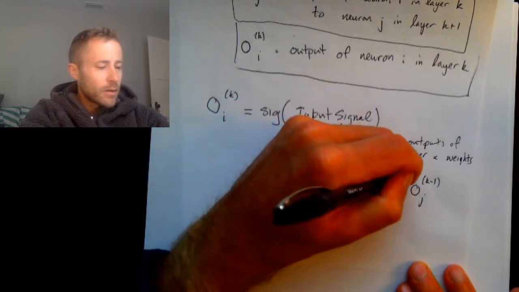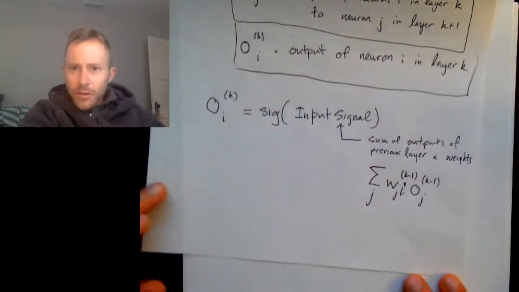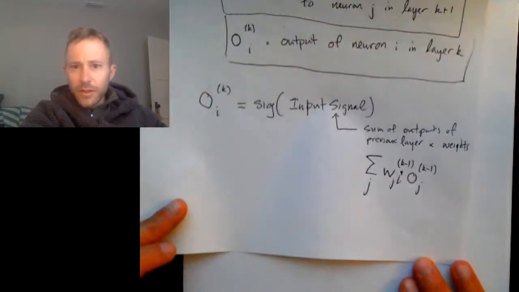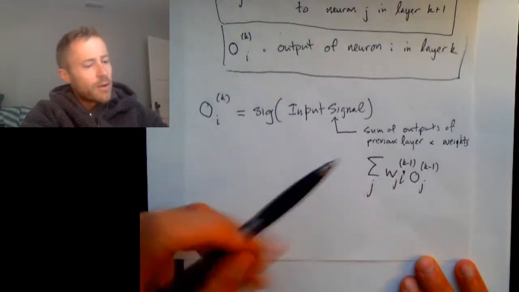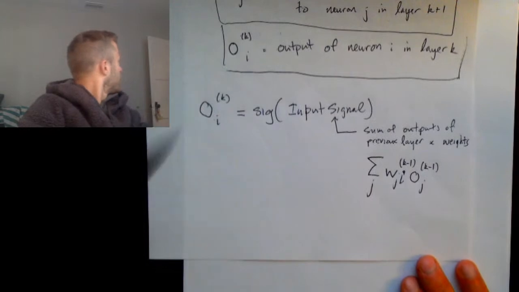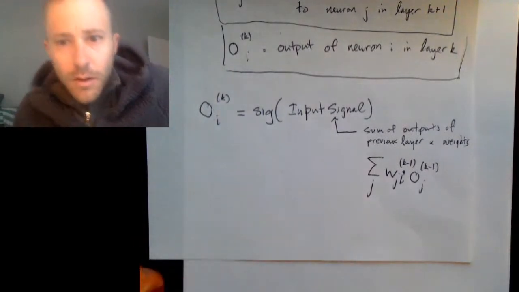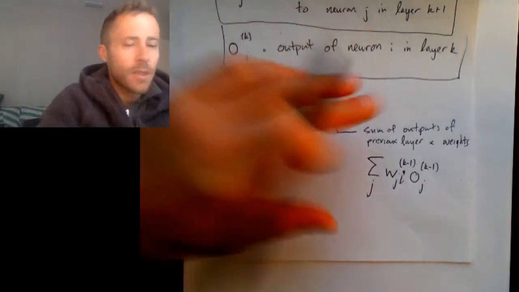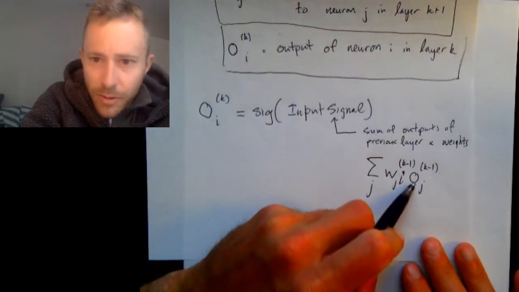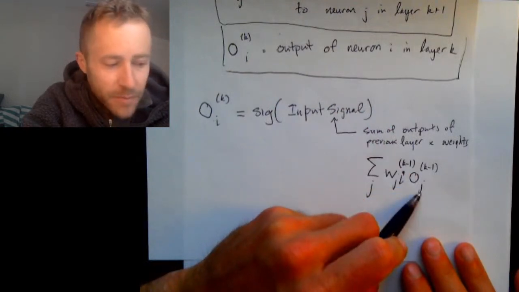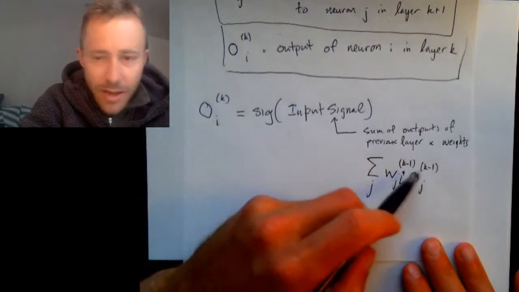Okay, so this is the correct answer for the input signal. So what does this mean? We are taking the output from neuron J in the previous layer. See how it's not K, it's K minus 1.